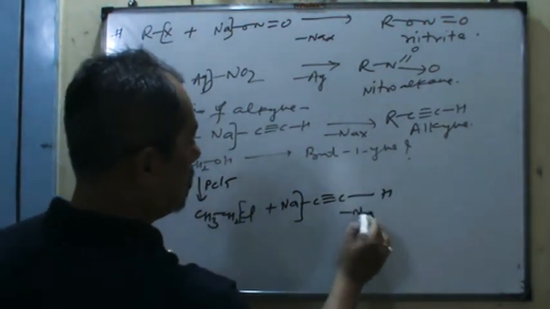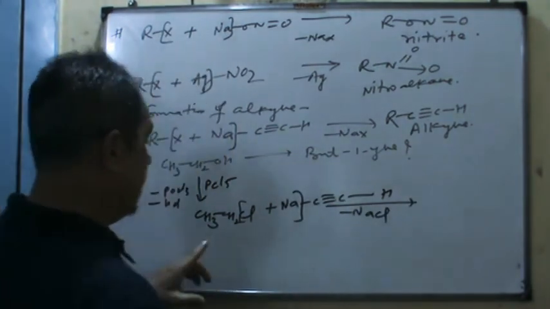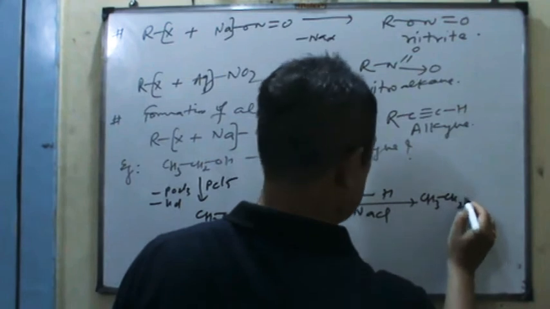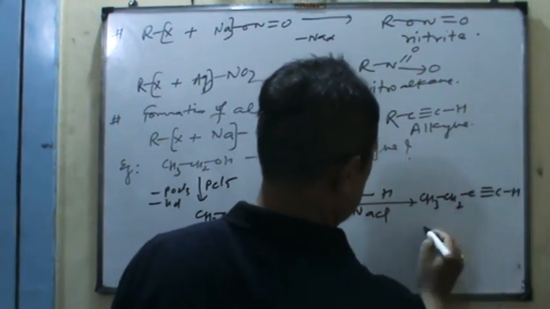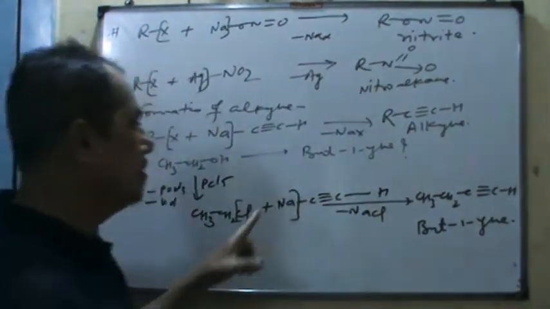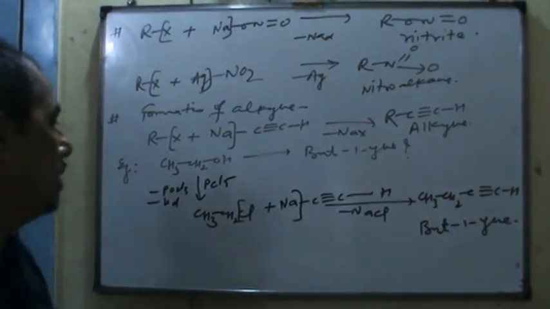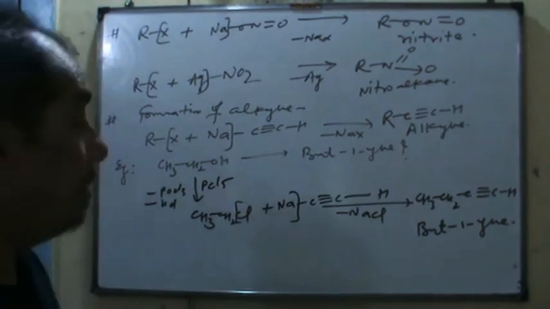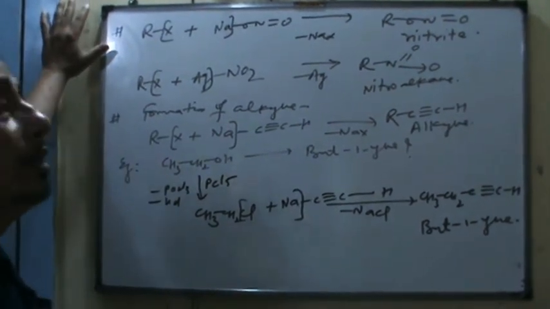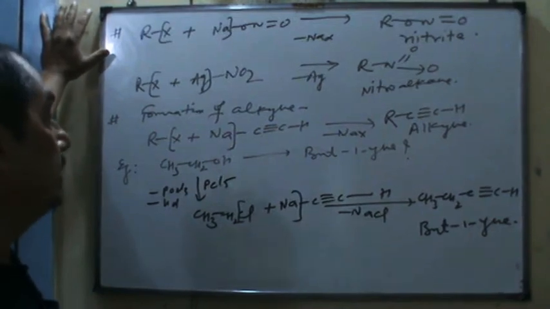NaCl is out, NaCl, that forms CH3CH2C triple bond H. This is actually but-1-yne. So how do you get ethanol to but-1-yne? By taking, you can say, sodium acetylide.